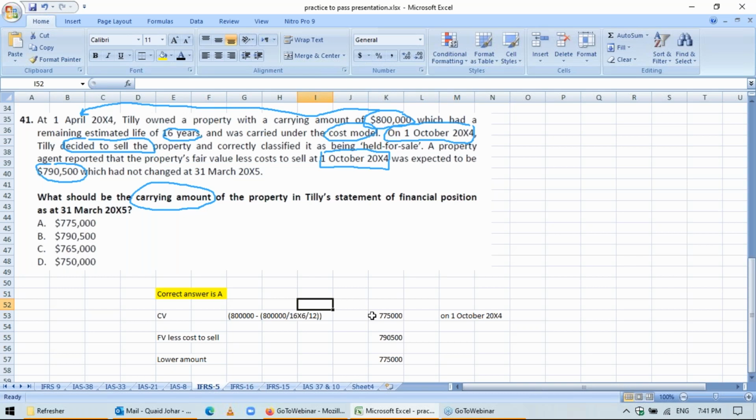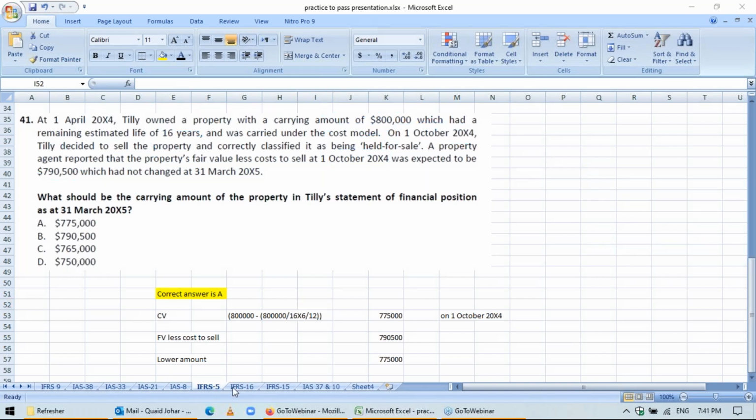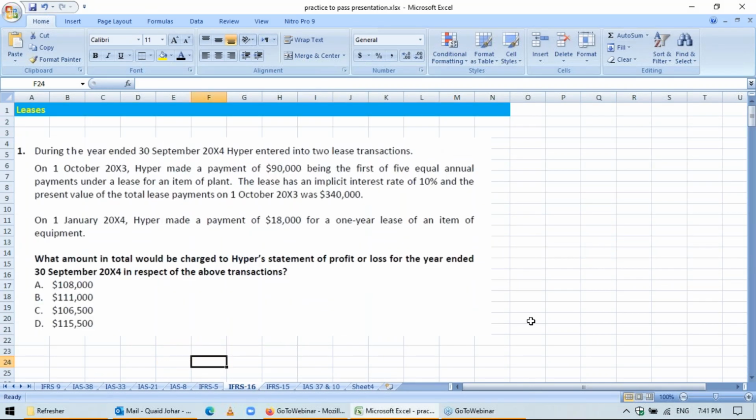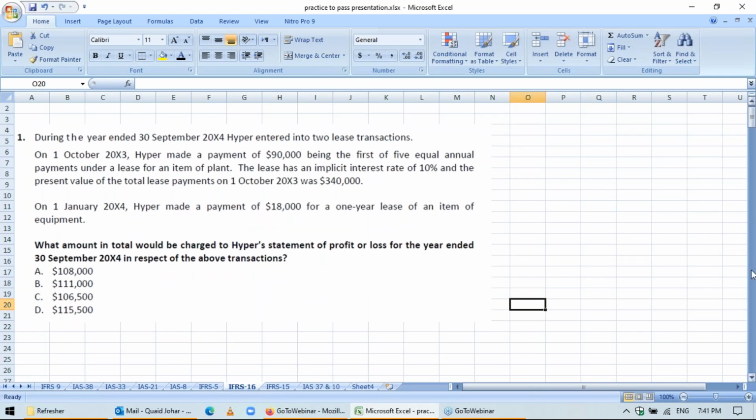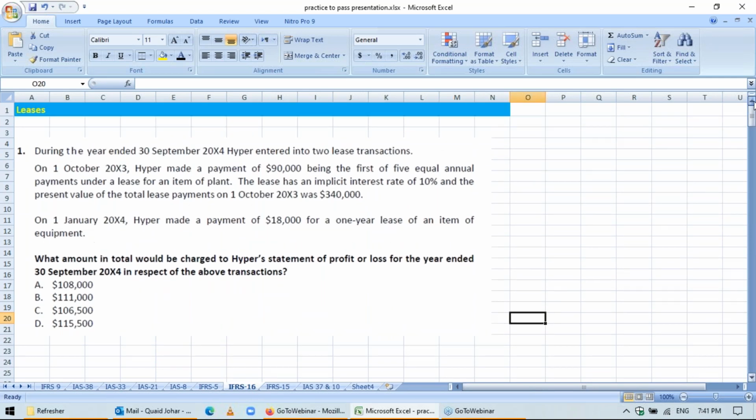And now we move on to IFRS 16. Okay, students, so there we go. We move on to IFRS 16, accounting for leases.